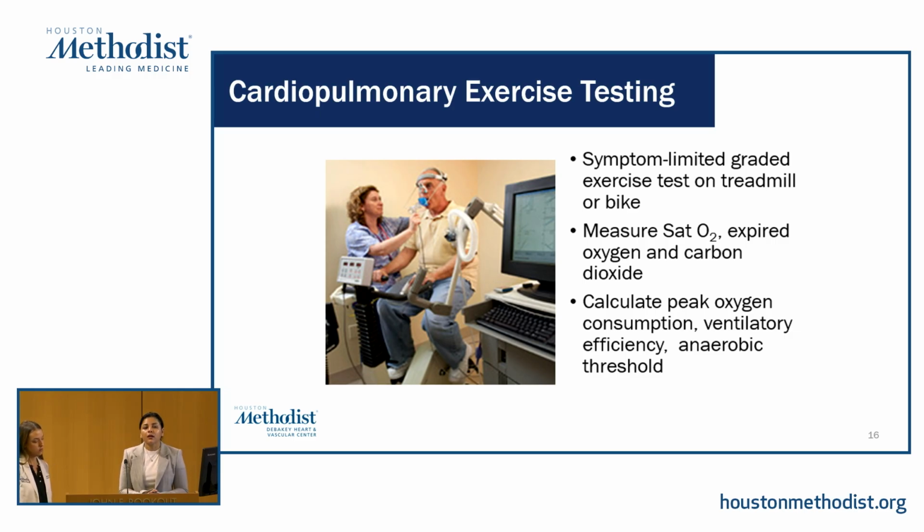A maximum oxygen consumption of 14 indexed to the body size is an acceptable tool to say this patient is advanced in their trajectory and needs listing for transplant. There are other parameters that we obtain from this tool, like the ventilatory efficiency, how much the patient has to exercise to get rid of the carbon dioxide that is being produced by the exercising muscle.